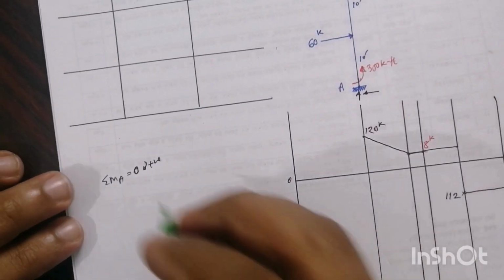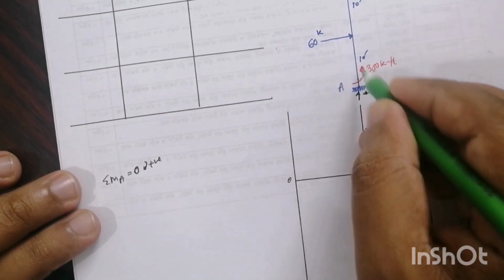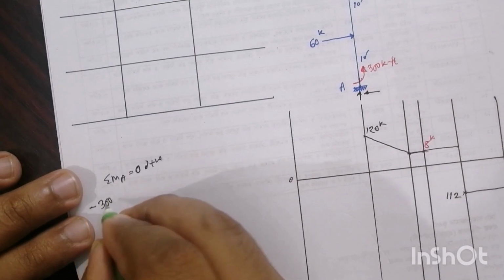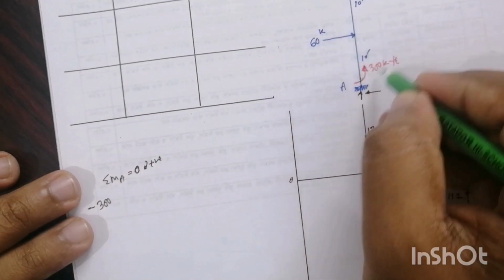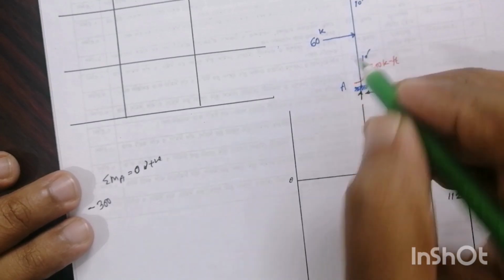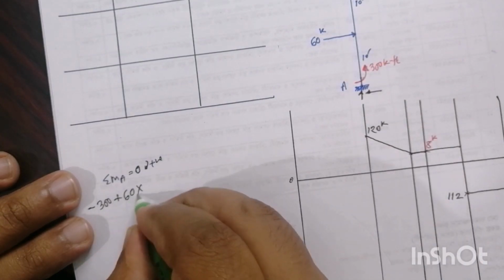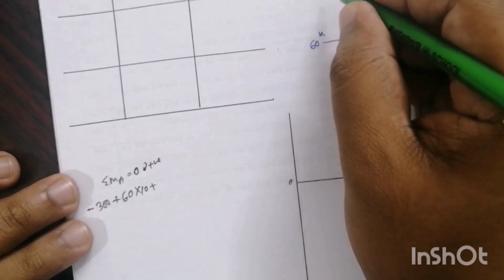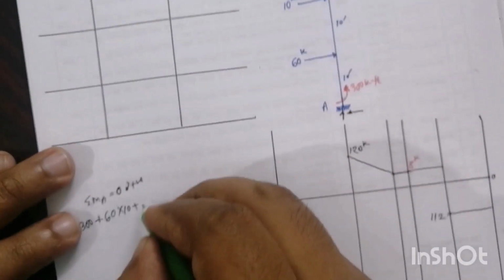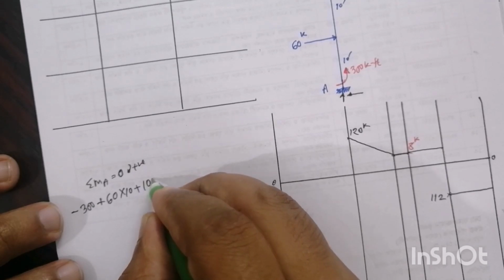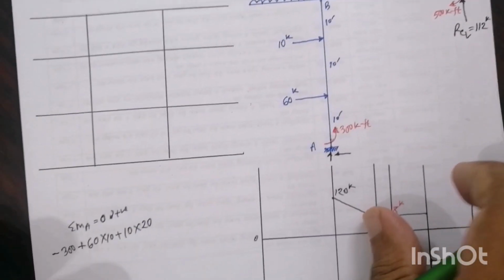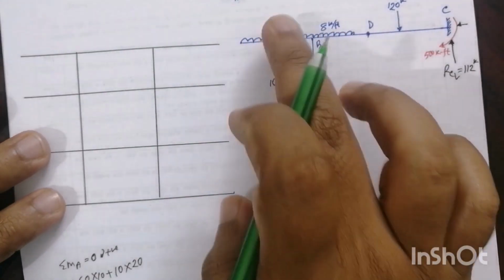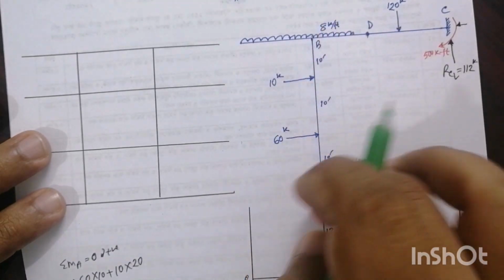So now clockwise positive, so this is anti-clockwise. So first of all minus 300 at A. Then this 60 is clockwise, acting at 10 feet, so plus 60 into 10, then 10 into 20, this is also clockwise. Now these two sections are different because this is anti-clockwise and this is clockwise.